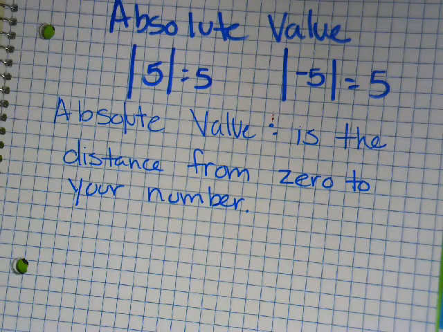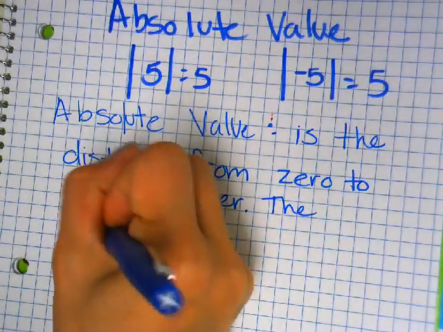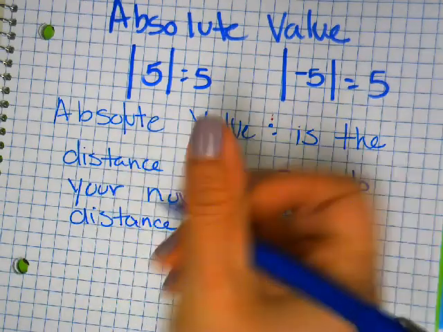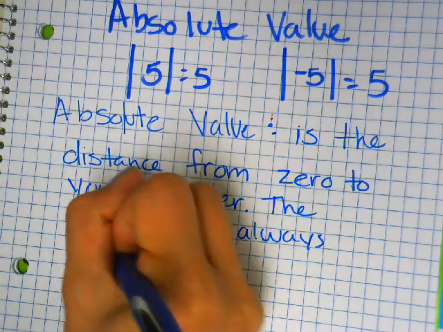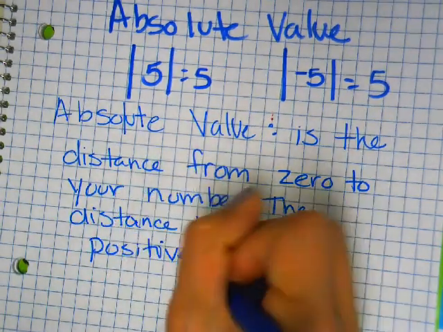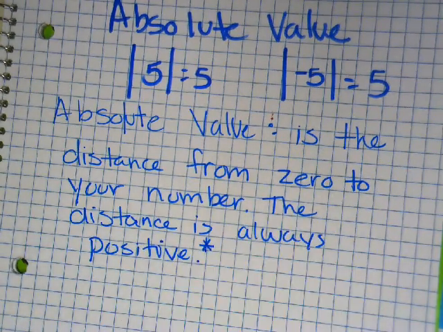No. Can Miss Caffrey say, go run a negative mile? No. So distance is always positive. I want to put a little asterisk there, because there is one time that the answer is not positive, but we're leaving a mystery for 5 minutes. So absolute value is the distance from 0 to your number.